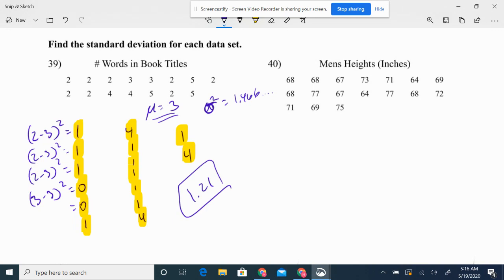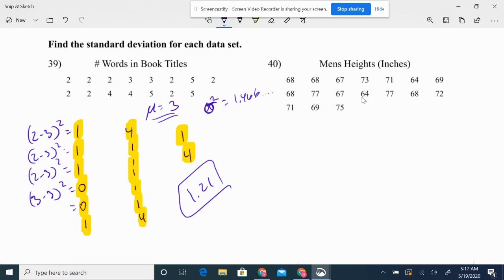Let's see, I have 68 plus 68 plus 67 plus 73 plus 71 plus 64 plus 69 plus 68 plus 77 plus 67 plus 64 plus 77 plus 68 plus 72 plus 71 plus 69 plus 75. So those are 17 numbers that I just added.